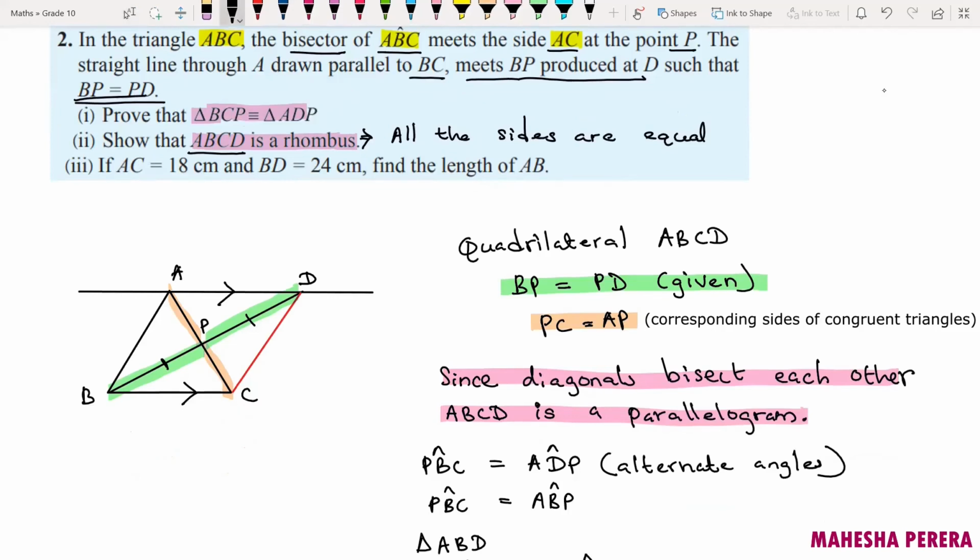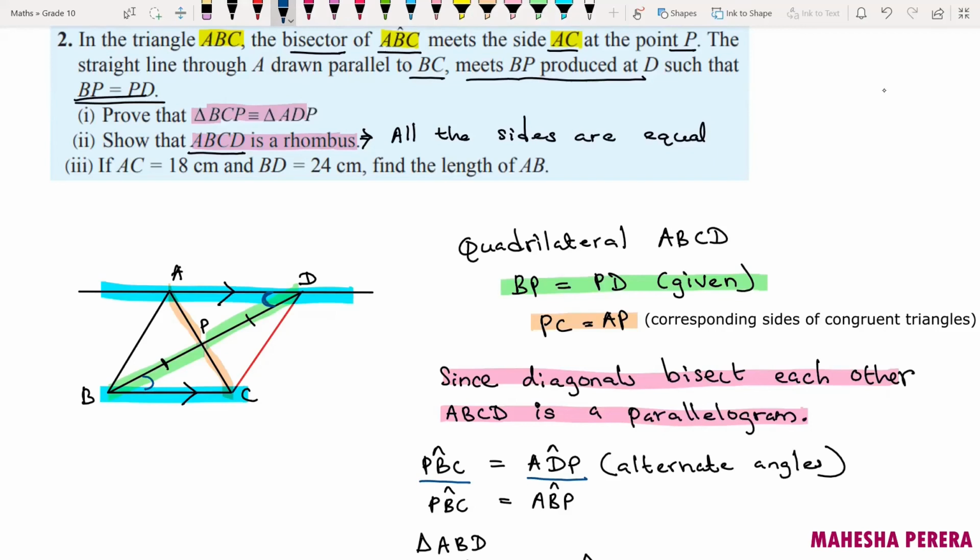Right, now when you consider this figure, you see that these two lines are parallel. If these two lines are parallel, these two angles should be equal. So that means angle PBC equals angle ADP.